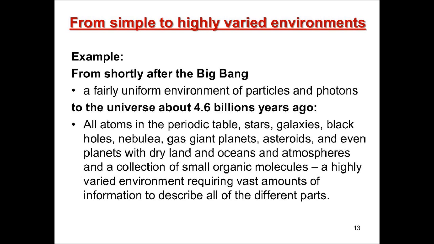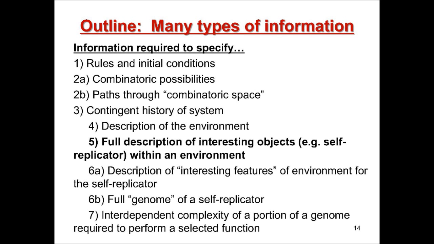All the atoms in the periodic table, stars, galaxies, black holes, nebulas, gas giant planets, asteroids, even planets with dry land and oceans and atmospheres, and collections of small organic molecules. A very highly variable environment, requiring a lot of information to describe. All right, now we have a very complicated environment which requires a lot of information to describe.